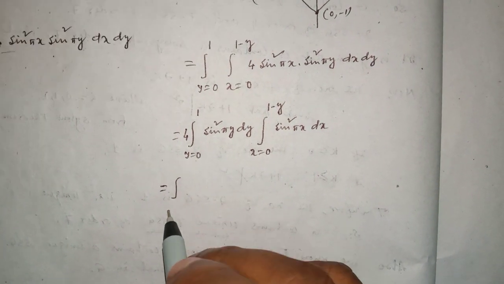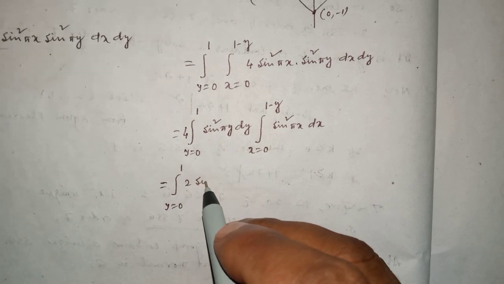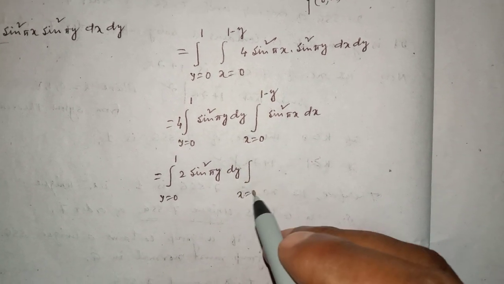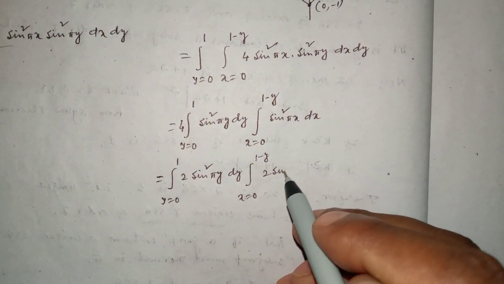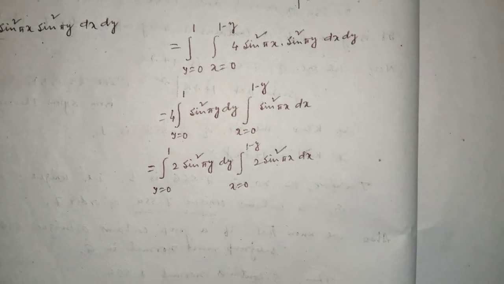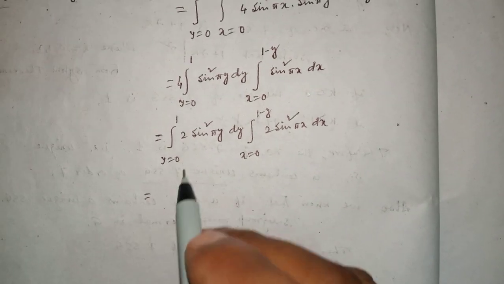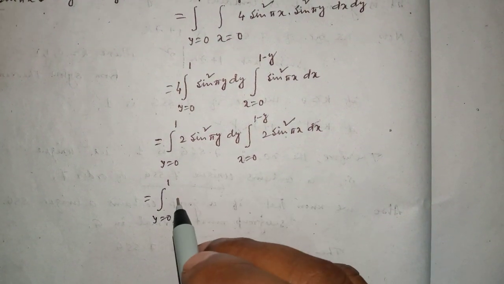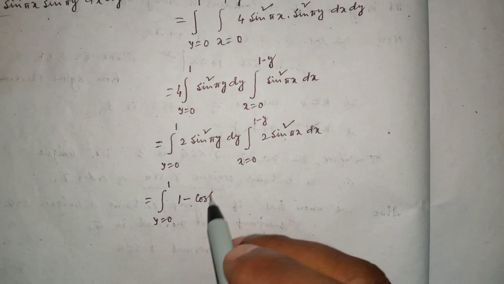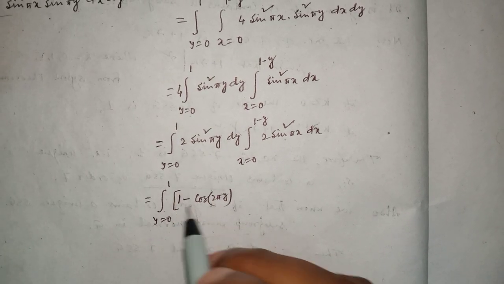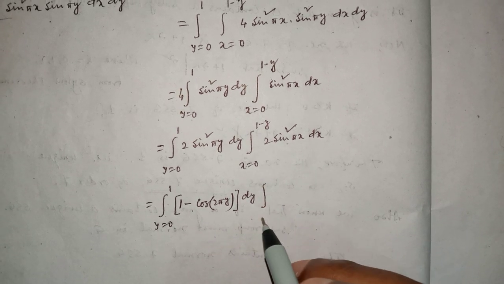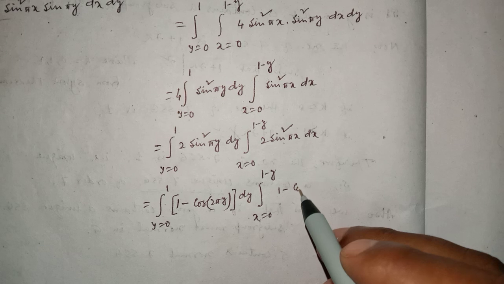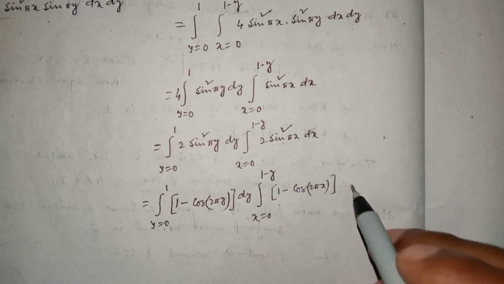This equals integration of 2 sin square πy dy, and integration x from 0 to 1 minus y of 2 sin square πx dx. Now 2 sin square a means 1 minus cos 2a, similarly 2 sin square πx means 1 minus cos 2πx dx.